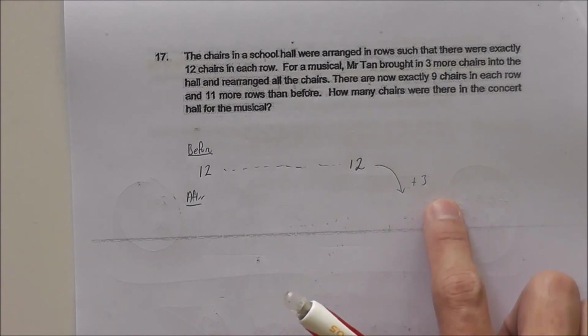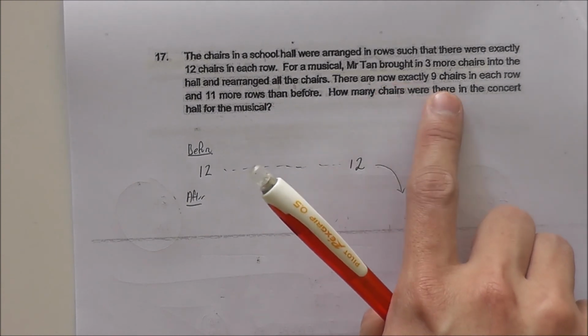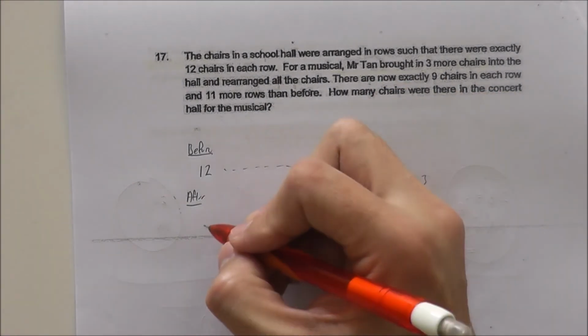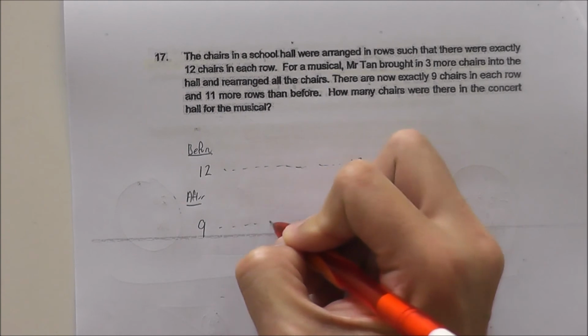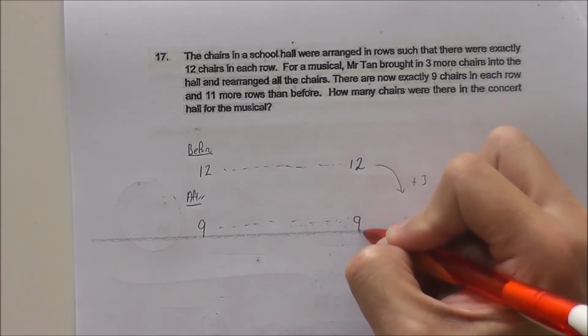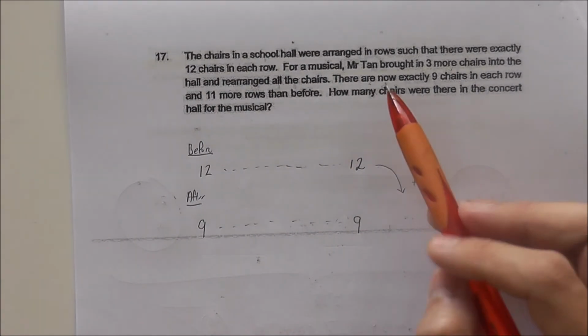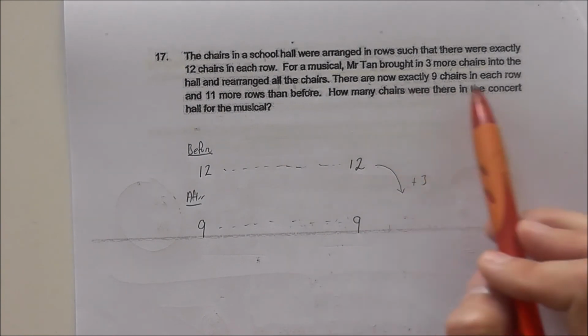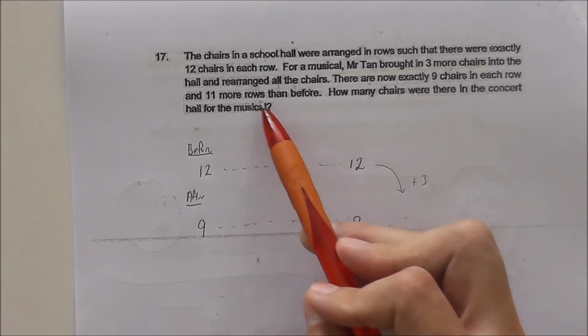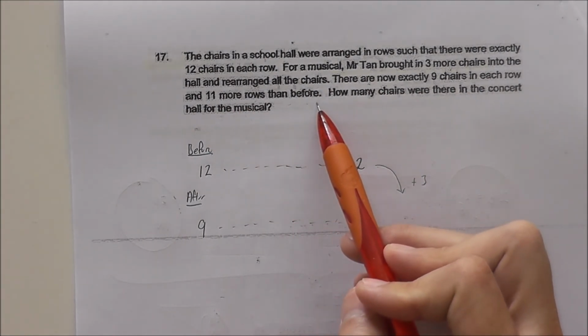Okay, and he arranged it into rows of 9 chairs in each row. So it becomes 9 until the last row, and now there are exactly 9 chairs in each row and 11 more rows than before.